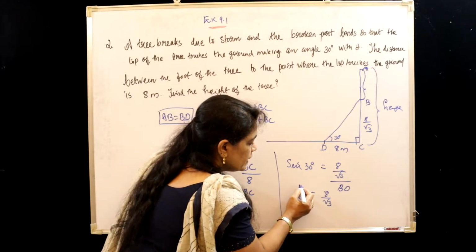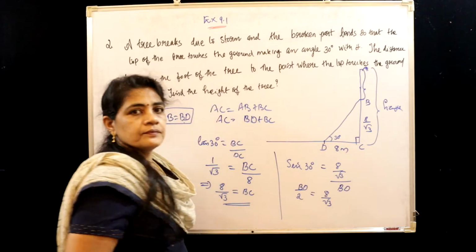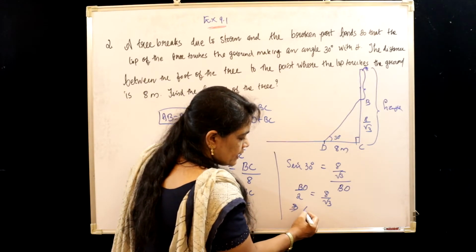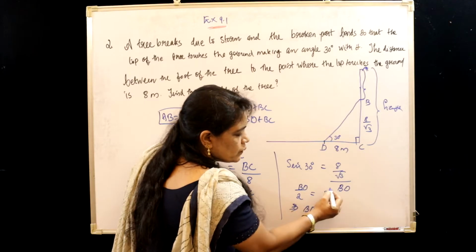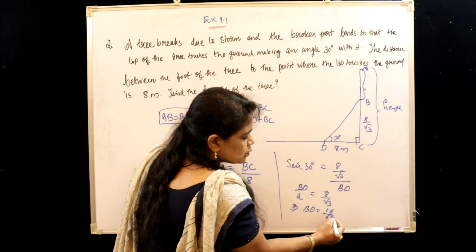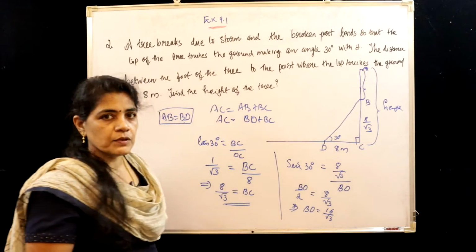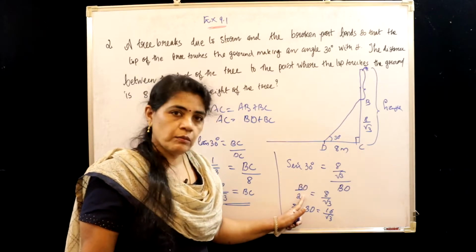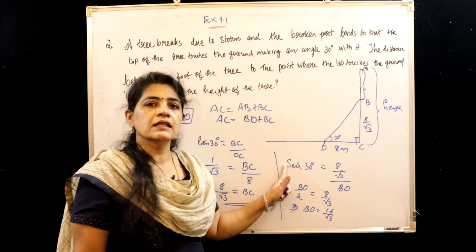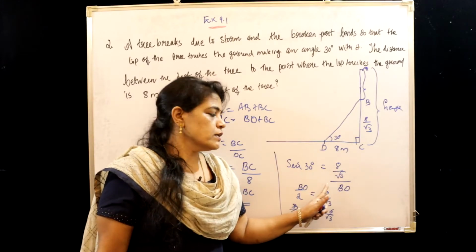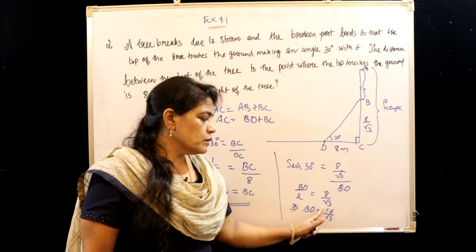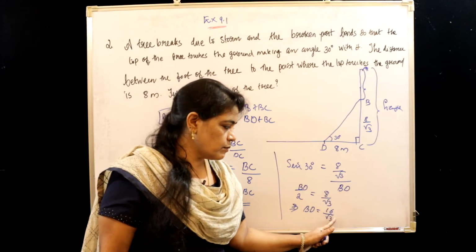So BD equal to, this 2 will go to numerator, so 8 into 2, that is 16 by root 3. That step is clear, children? Here 1 by 2 is sine 30, and in the next step BD into sine 30 equal to 8 by root 3, so BD by 2 equal to 8 by root 3. So BD equal to 8 twos are 16 by root 3.